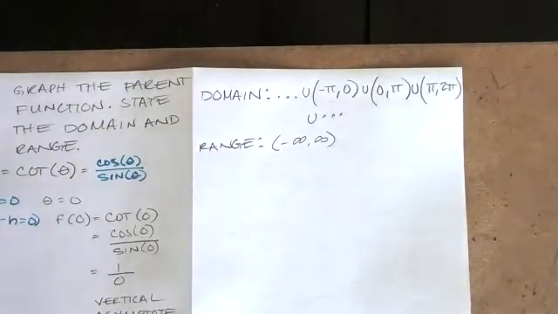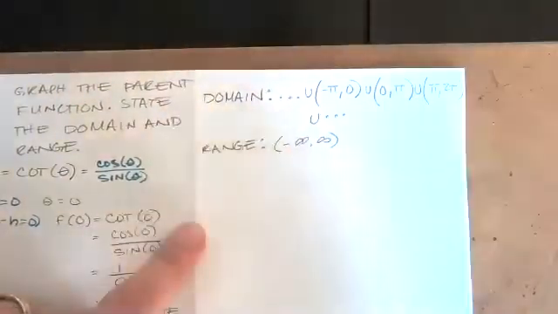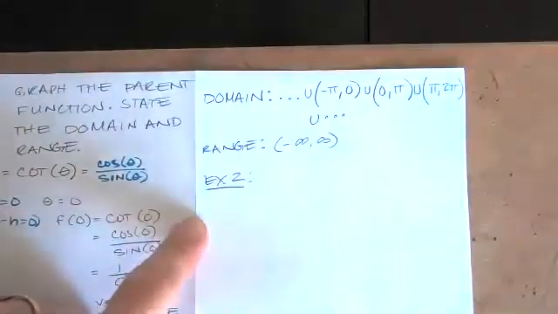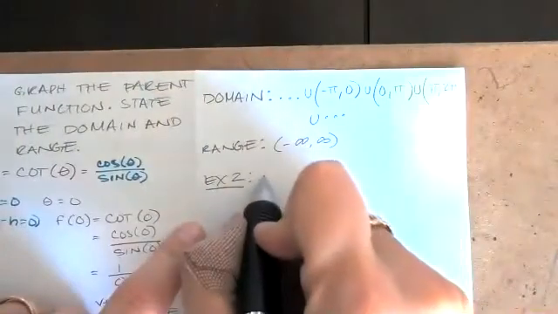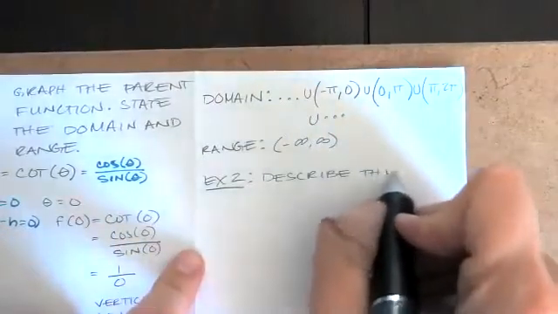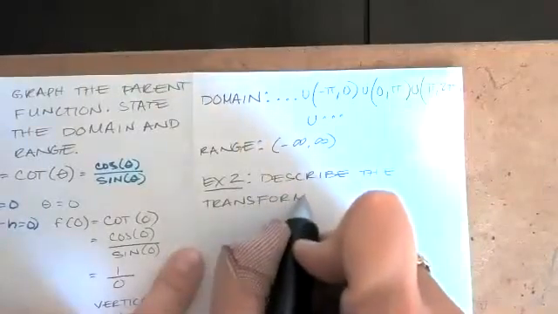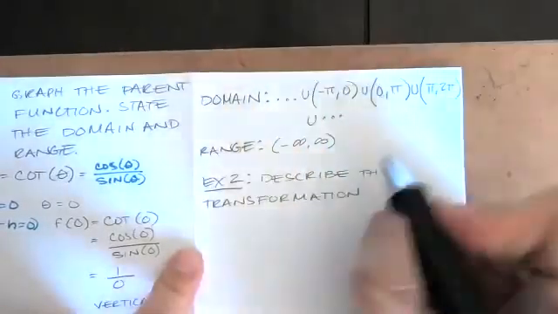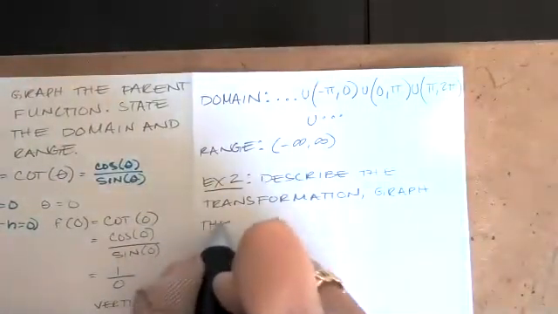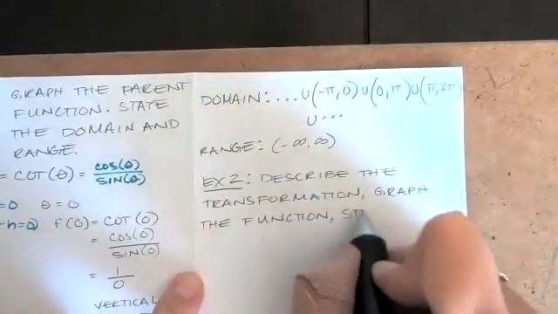Okay, so I propose for our second example, we will describe the transformation, I'll graph the function, and we'll state the domain and range.